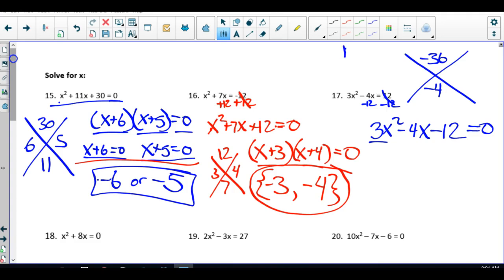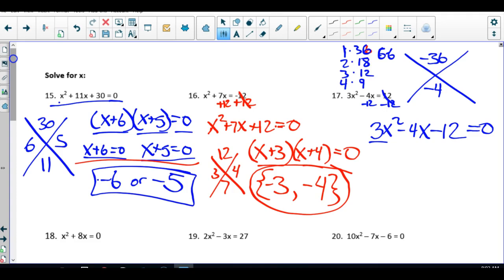Well, we got 1 times 36, 2 times 18, 3 times 12, 4 times 9, and 6 times 6. Those are my ways of multiplying to get 36.